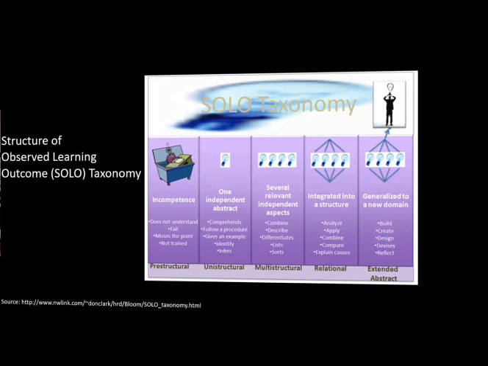To ensure that spiral progression is carried out in our classroom, we have several taxonomies of learning outcomes or objectives that we can use. Apart from Bloom, we also have the SOLO taxonomy, or the Structure of Observed Learning Outcome taxonomy. In there, we can classify the learning outcomes that we do from pre-structural to extended abstract.